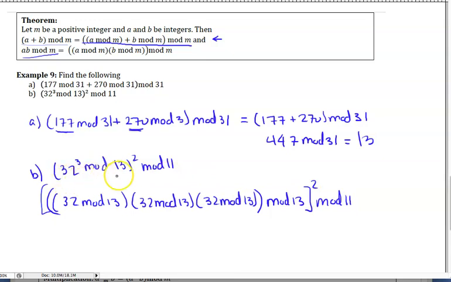I'm expanding 32 cubed mod 13 into this in order to calculate it more easily.